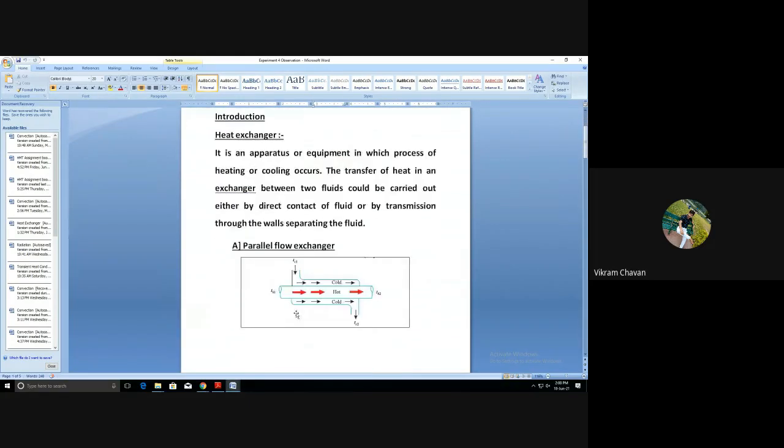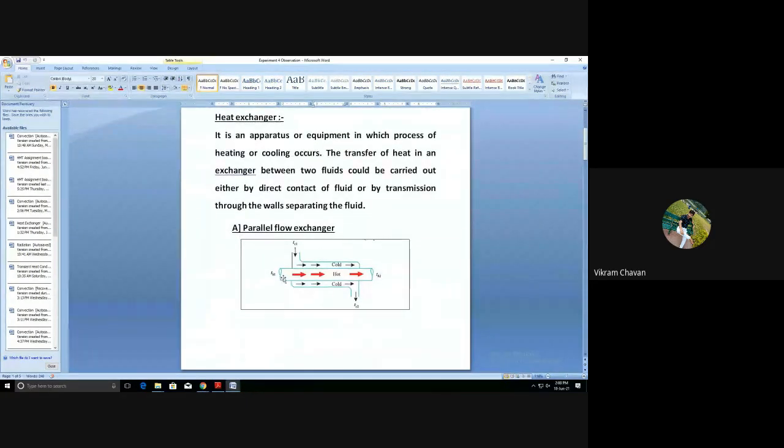So what is meant by parallel flow heat exchanger? If you see this diagram, you will understand. In a parallel flow heat exchanger, both the fluids enter from the same side of the heat exchanger and flow in the same direction. The hot fluid enters through the small pipe, the inside pipe, and the cold fluid enters in the large pipe, as we are considering the concentric tube heat exchanger or tube in tube heat exchanger.